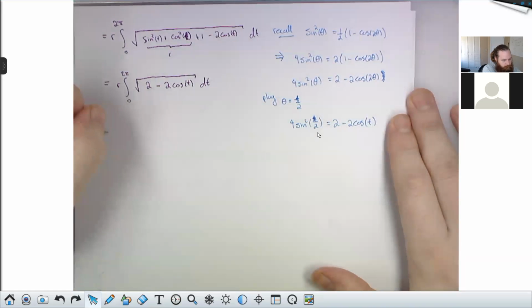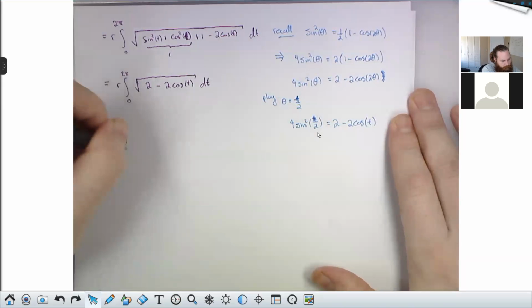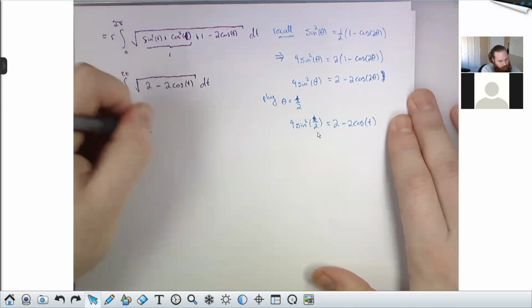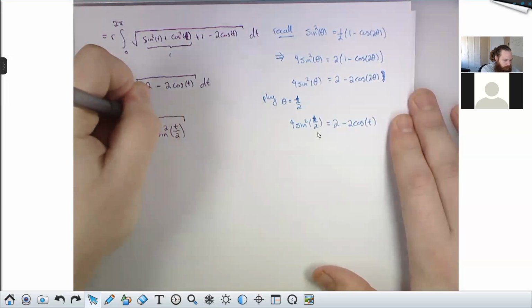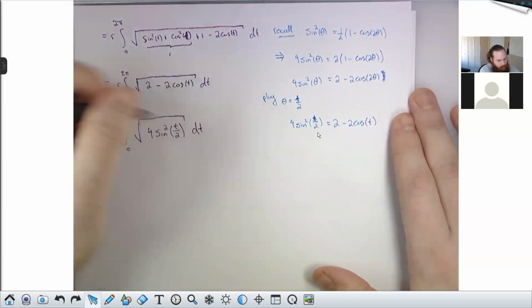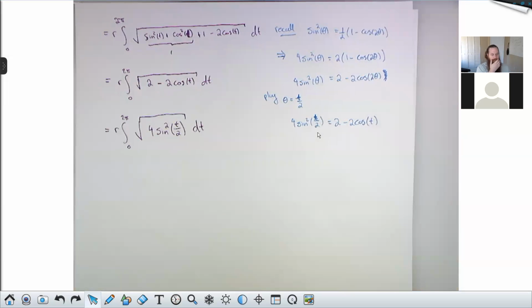So this is r times the integral from 0 to 2 pi square root of 4 sine squared t over 2, dt. And since sine squared happens to be positive, you can go ahead and take the square root here, and this will be okay. Sine t over 2.